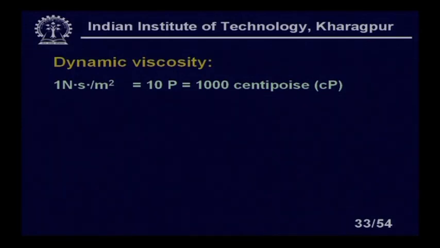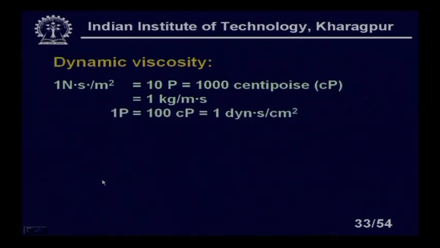Dynamic viscosity, or absolute viscosity, is given as 1 Newton second per meter square equal to 10 poise equal to 1000 centipoise, defined as Cp, which is equal to 1 kg per meter second. 1 poise equals 100 centipoise equals 1 dyne second per centimeter square, which is equal to 0.1 Newton second per meter square, which is 0.1 kg per meter second.